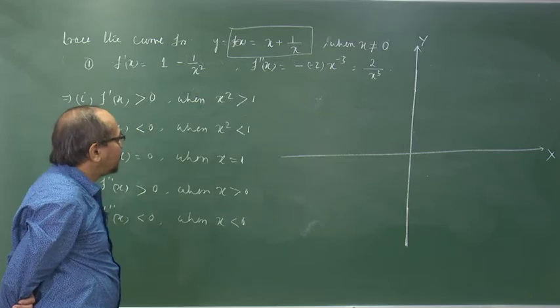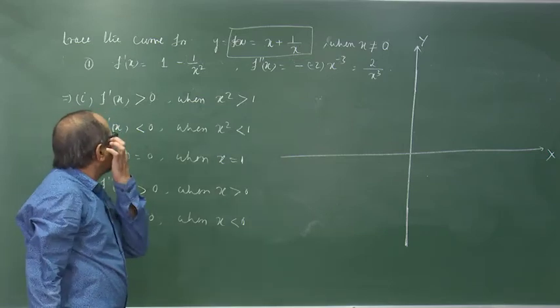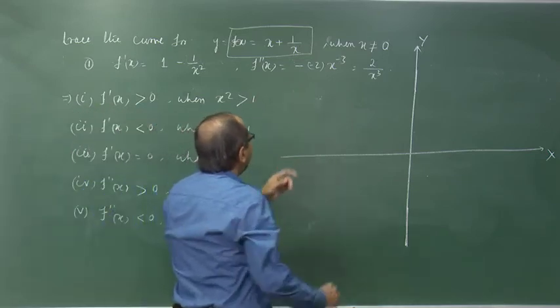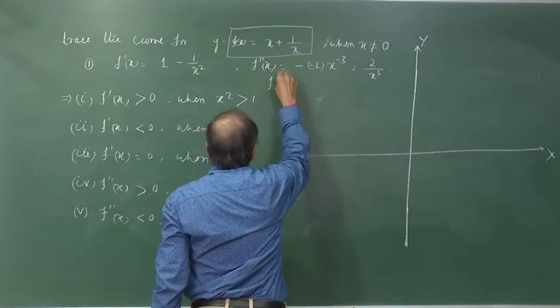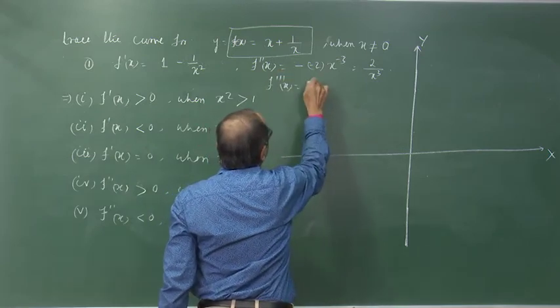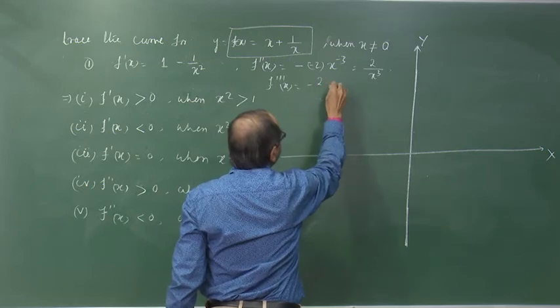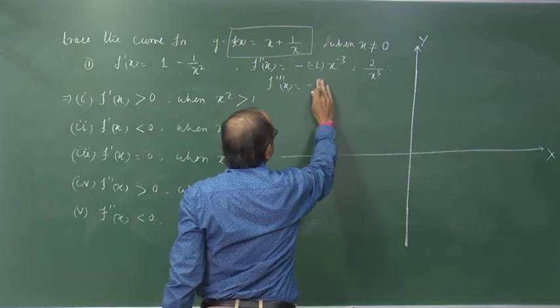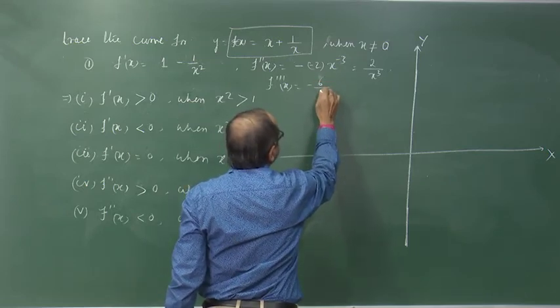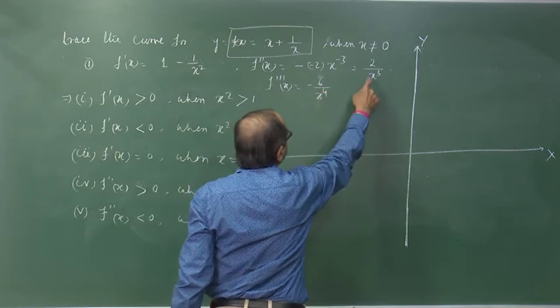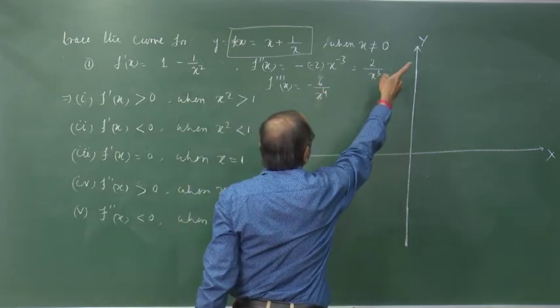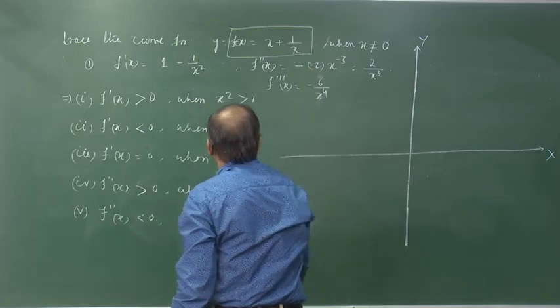One more thing also we can say, that here if we find the third derivative of f of x, it is minus 6 by x to the power 4, it is minus 3 into x to the power minus 3 minus 1, it is minus 6 by x 4.